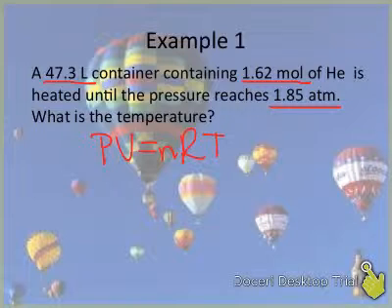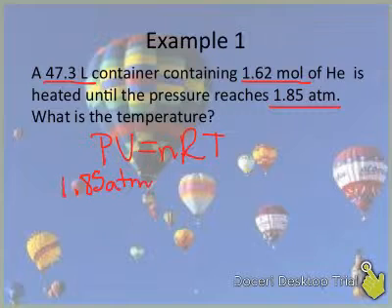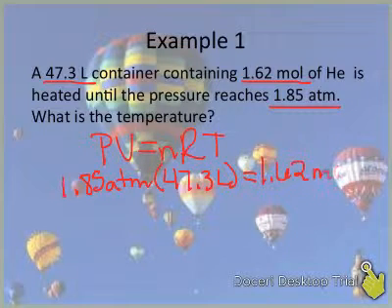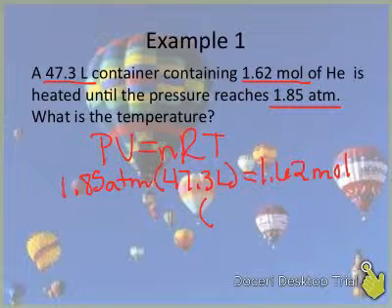So our pressure is 1.85 atmospheres. Our volume is 47.3 liters. Set that equal to our moles, which is 1.62. Of course I ran out of room, so I'm going to have to continue. Does anyone remember what R is off the top of your head? 0.082.